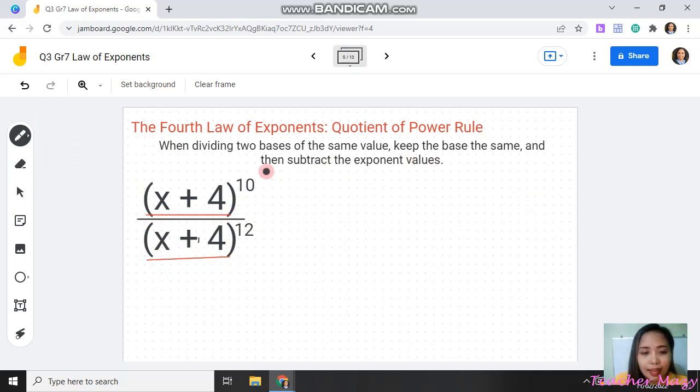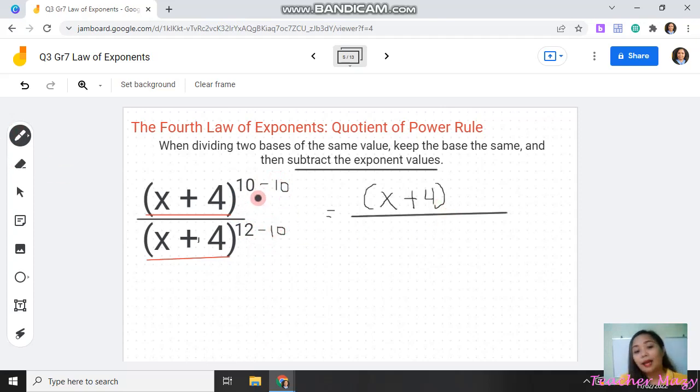So it says that we need to subtract the exponent value. So you need to observe which one has a smaller exponent. So we have here 10 and then 12. So 10 is smaller, right? So we subtract it from both. So the smaller exponent becomes our subtrahend. So 10 minus 10, that is 0. And 12 minus 10, that is 2.